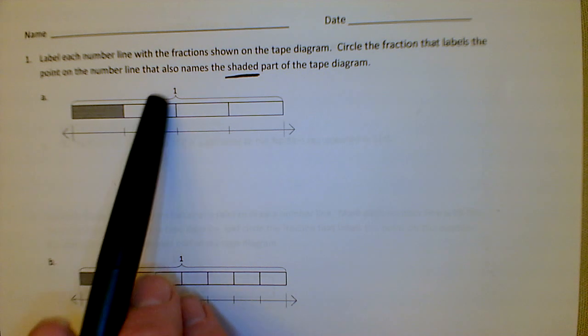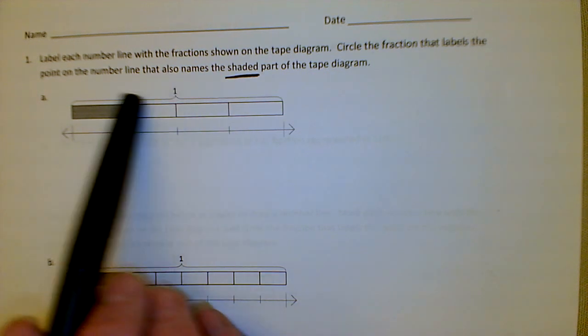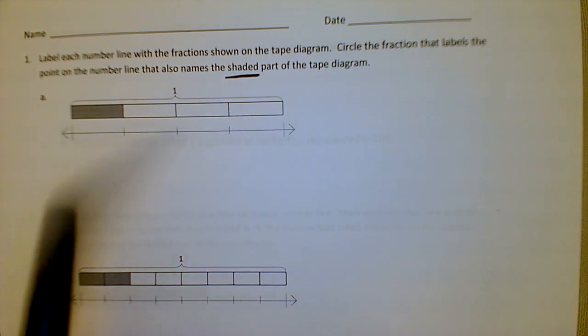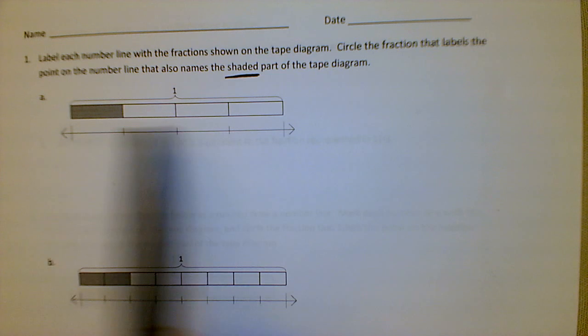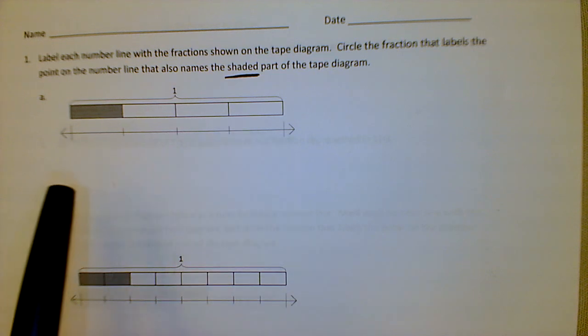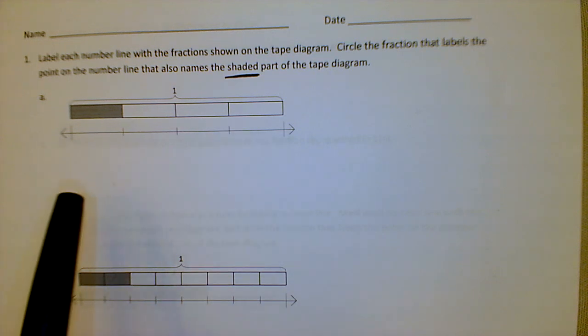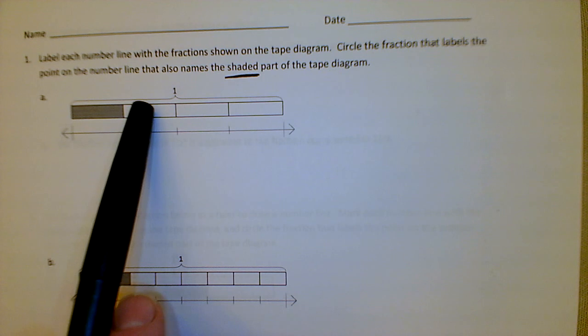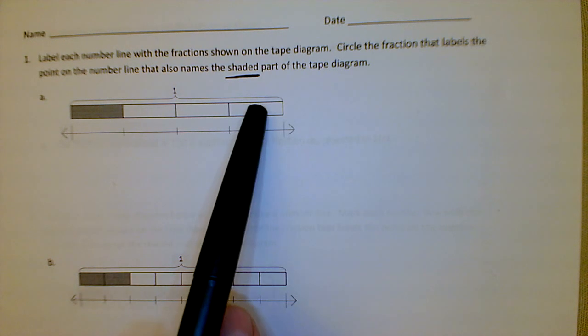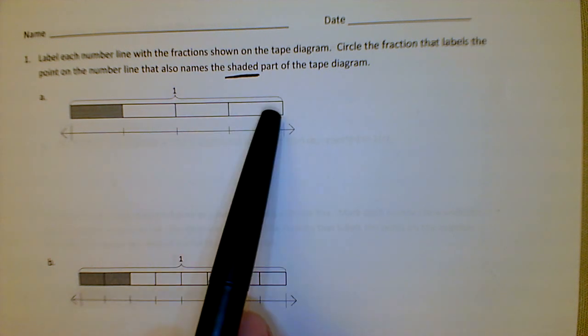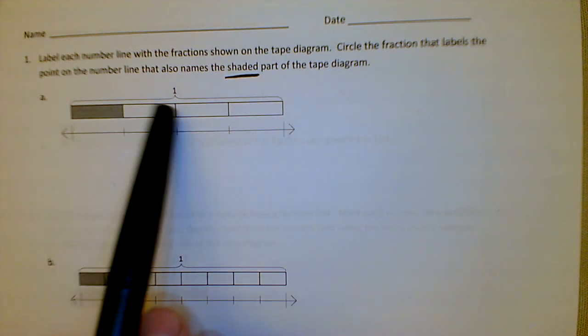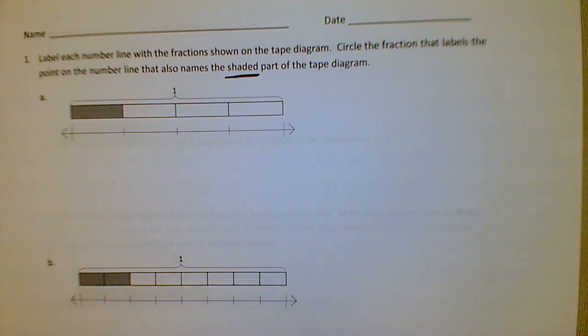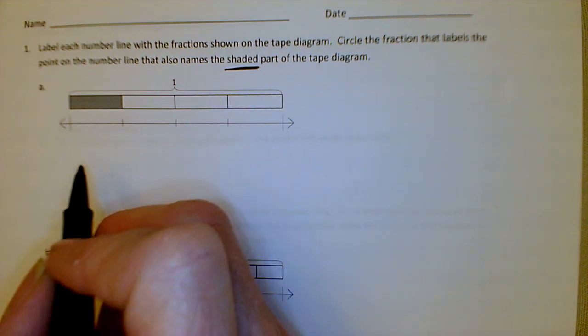So in this example, you can see that they've already shown us that this represents 1 whole, and then let me see what we have divided this up into. So for my denominator, that's going to show the total number of units, 1, 2, 3, 4. So now I know that these are each fourths, and this would be 1/4, 2/4, 3/4, and 4/4.